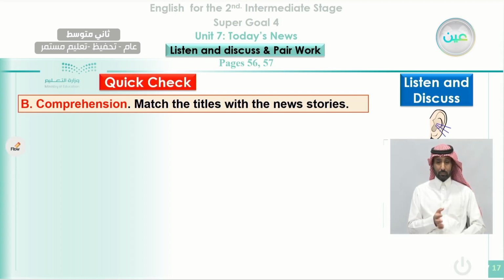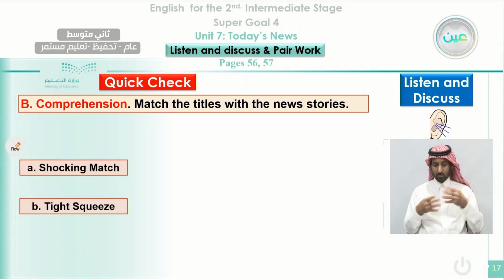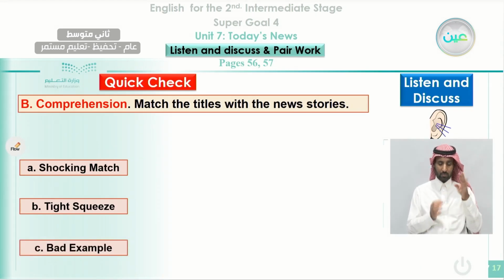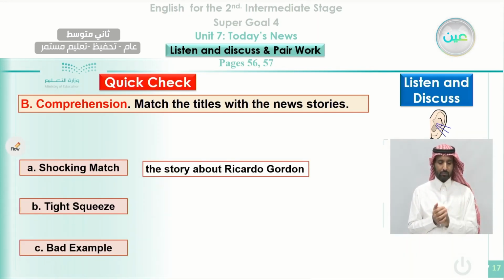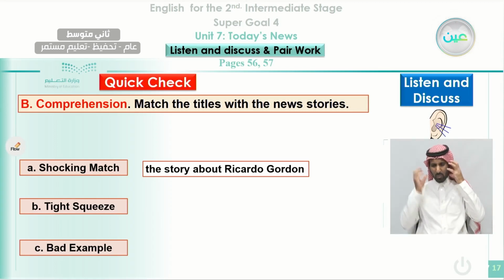Okay, now comprehension questions on the 3 reading passages. You need to match the titles with the news stories: Shocking Match, Tight Squeeze, and the third one, Bad Example. These are the 3 reading passages that we have read a while ago. The first one, Shocking Match, matches the story about Ricardo Gordon, the boy who was listening to the broadcast.